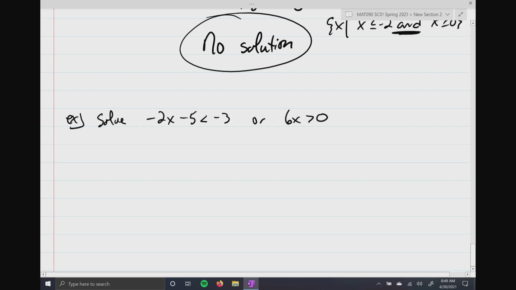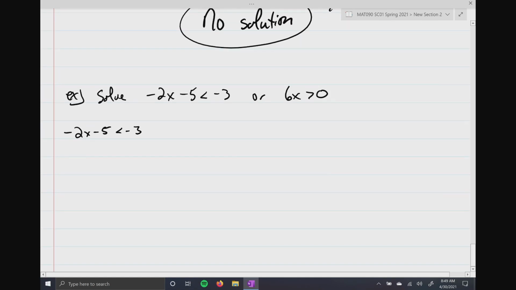All right? So for the first, we're going to go ahead and solve it. I will add 5 to both sides. That gives me negative 2x is less than positive 2. Now I will divide both sides by negative 2 to give me x is greater than negative 1. Remember, divide by a negative number, reverse the inequality sign.